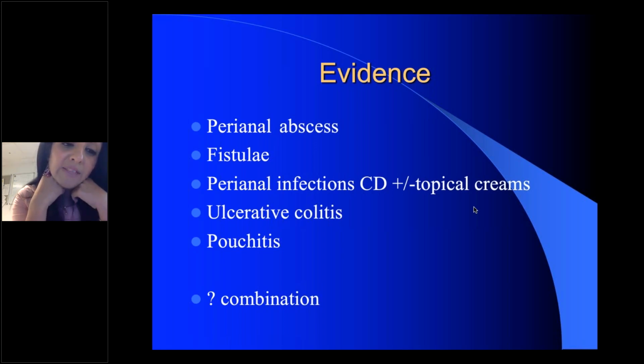And again, for these children, we will often use antibiotics and also probiotics that have been used for pouchitis that are quite effective. Often we will combine antibiotics, so the ones we commonly use are metronidazole and ciprofloxacin, and we tend to cycle them, especially for perianal disease, because the disease takes a while to get on top of, and this can be really beneficial when we're trying to work up a child for the use of biologics in the future.